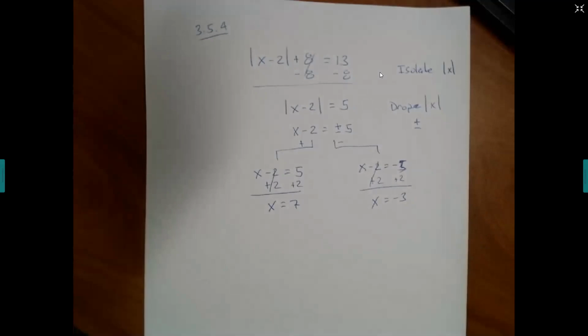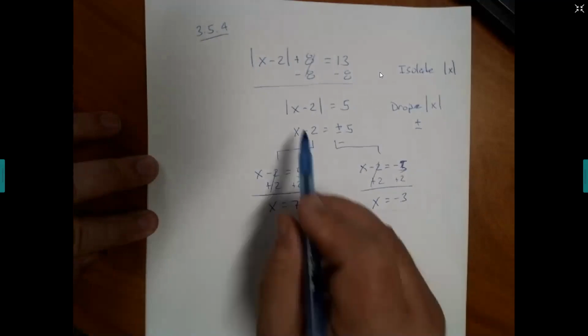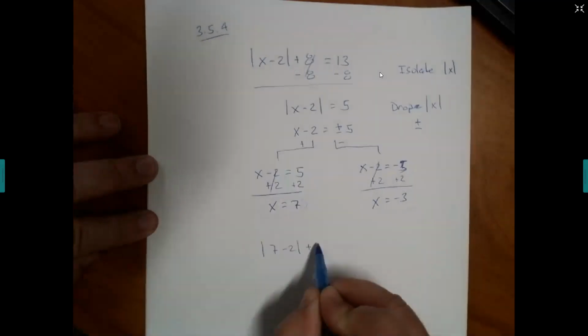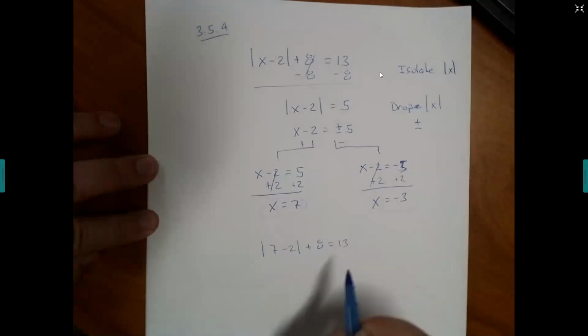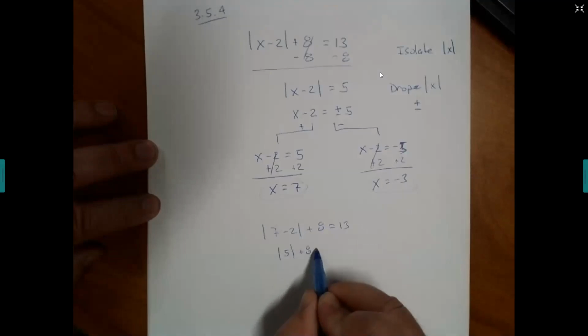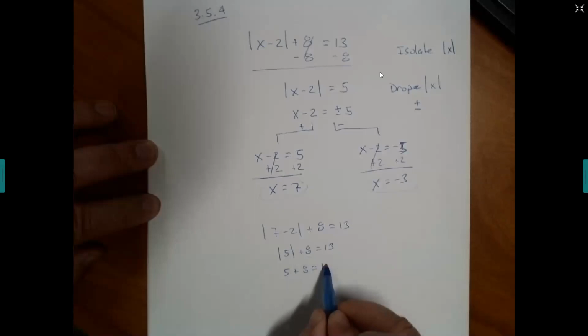It's also very, very advisable to always check your answers. Make sure that they work, because there may be instances where they don't. So it's 7 minus 2 plus 8. Does that equal 13? 5 plus 8. So 5 plus 8 is 13.